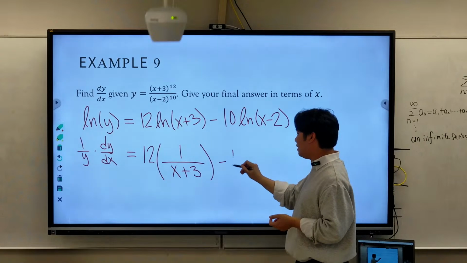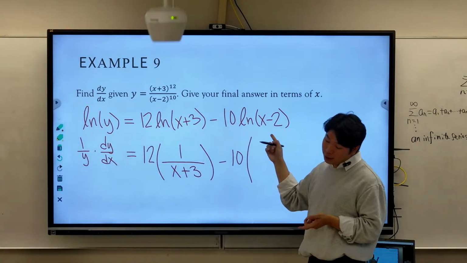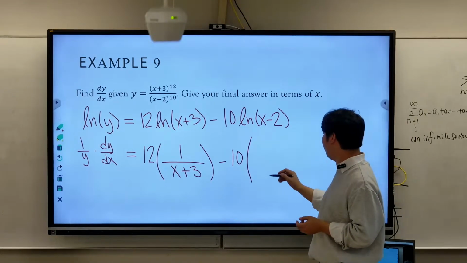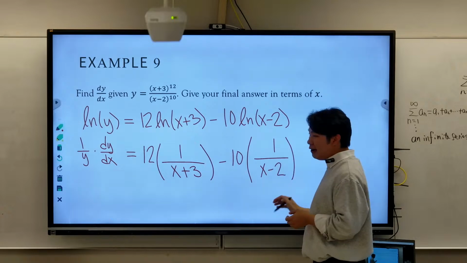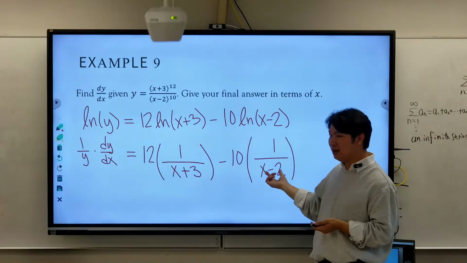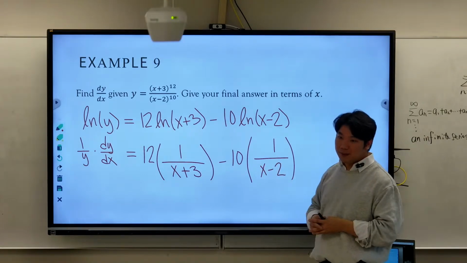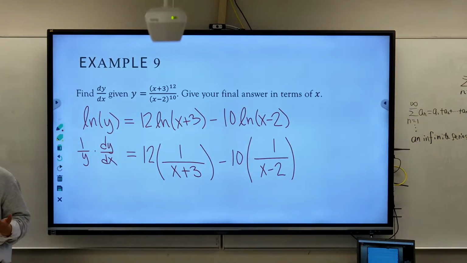I have minus 10. Someone go ahead and give me the derivative of natural log of x minus 2. Yeah, 1 over x minus 2. If I want to be very exact, I should be multiplying by the derivative of x minus 2, but that's just times 1. This is great. We've done my derivative process.